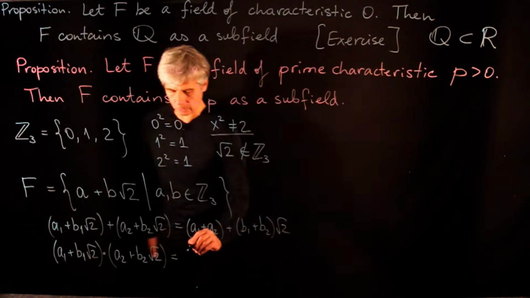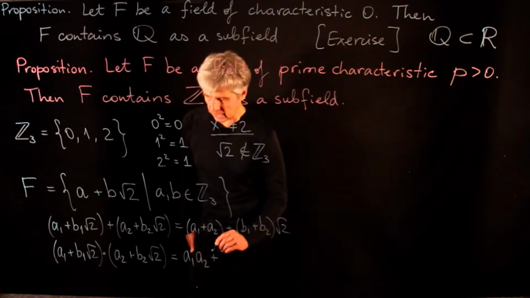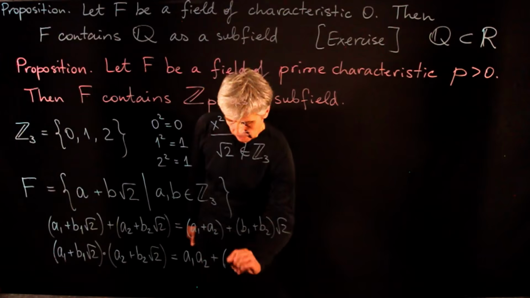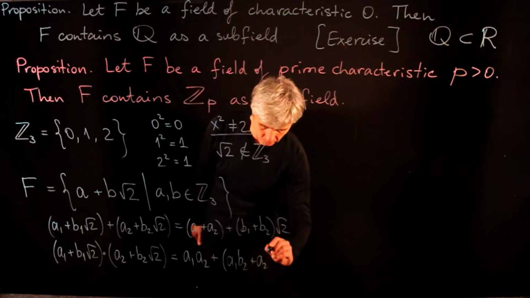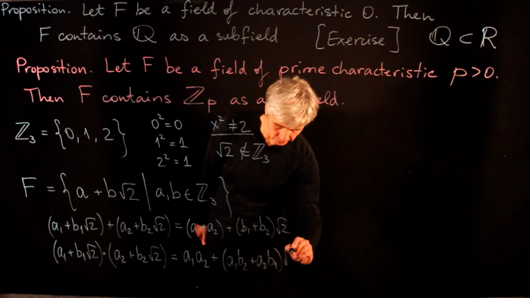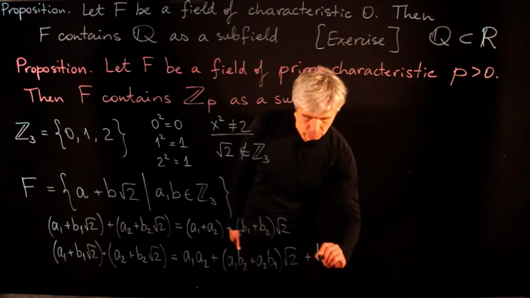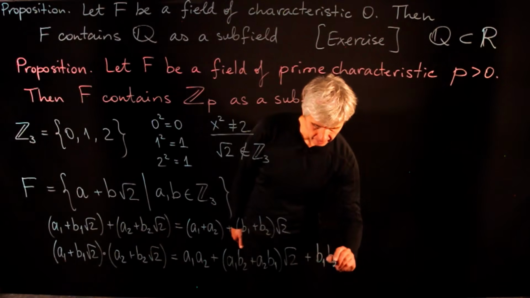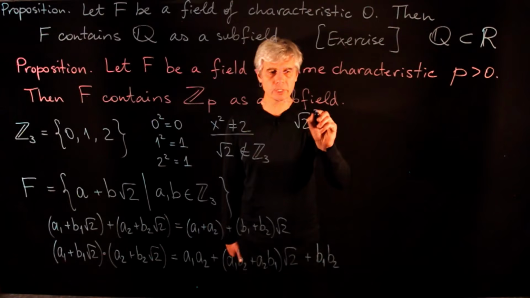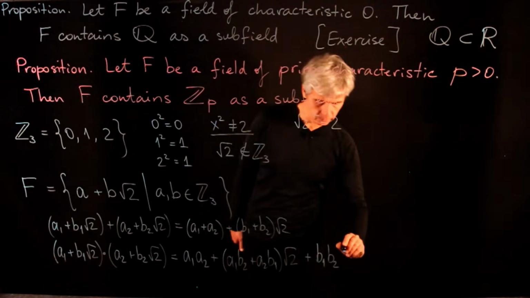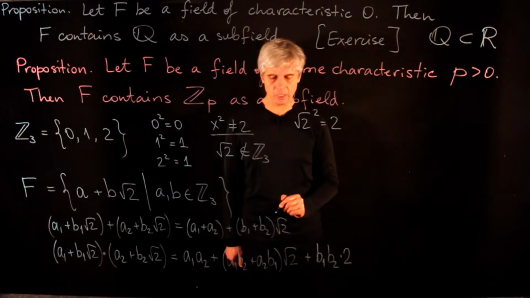So this is equal to a1 times a2 plus a1 b2 plus a2 b1 times square root of 2 plus b1 b2. And so our convention will be that square root of 2 squared is equal to 2. So times 2. Right? So this will define multiplication.